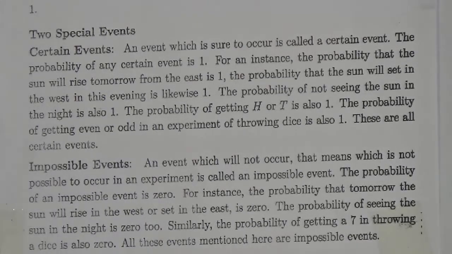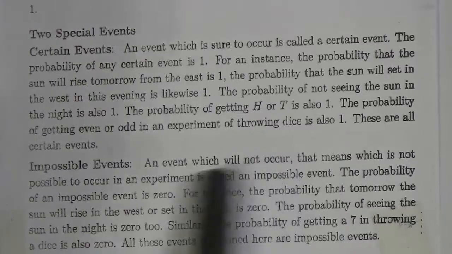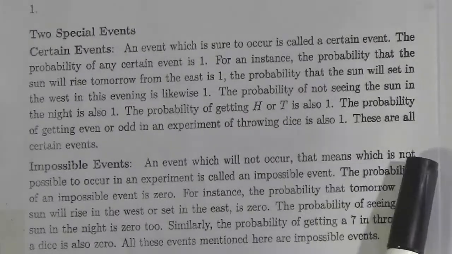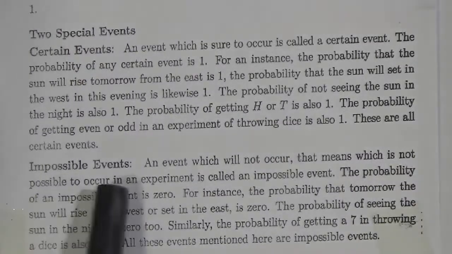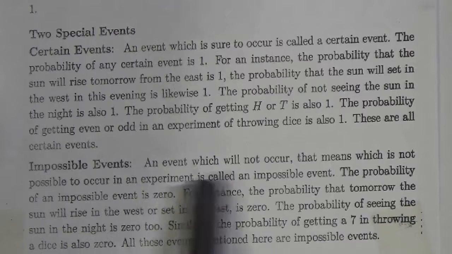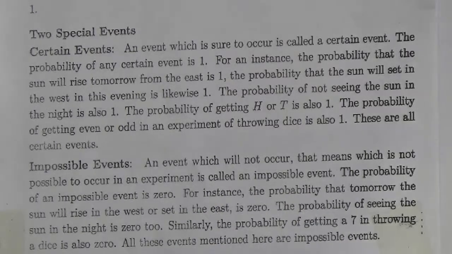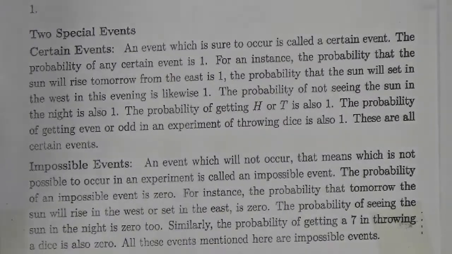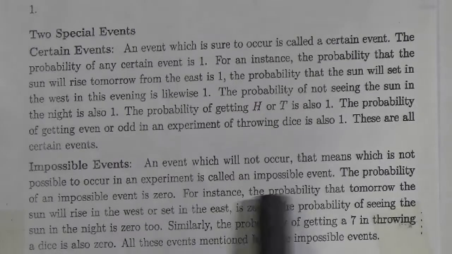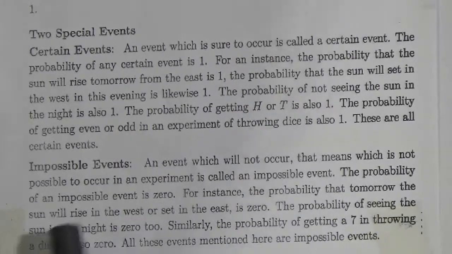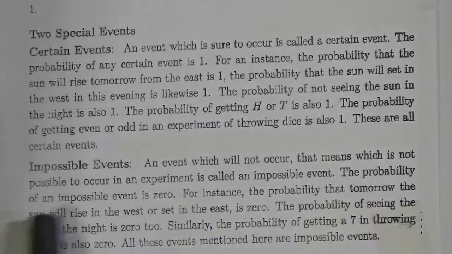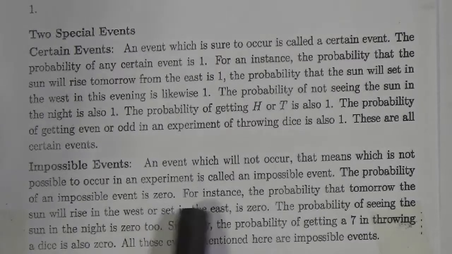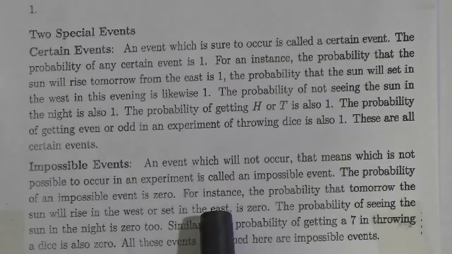Impossible events. An event which will not occur, that means which is not possible to occur in an experiment, is called an impossible event. The probability of an impossible event is 0. For instance, the probability that tomorrow the sun will rise in the west or set in the east is 0.